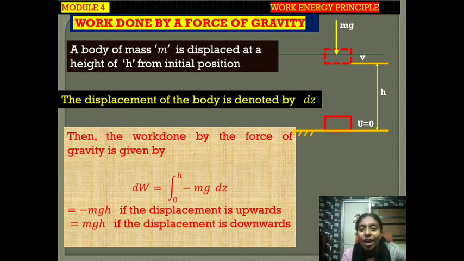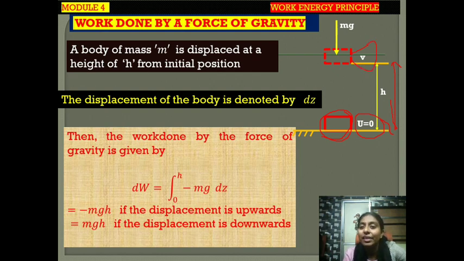So now a body of mass m is displaced to a height h from its initial position. Here the initial position of this mass is at ground level. So the initial velocity is taken as u equal to 0, and from the ground it is moved to a height of h upwards. The final velocity is taken as v.